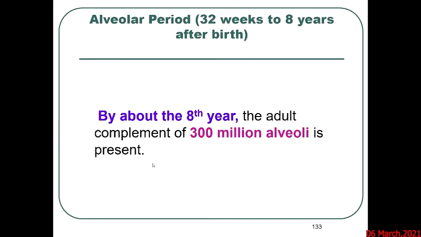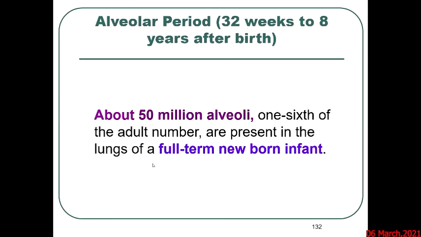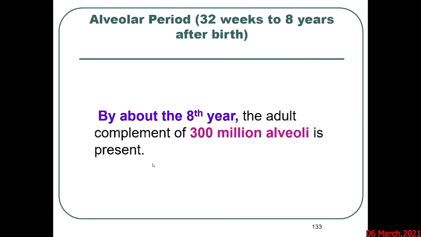This is one organ which develops after birth. How? Simple answer, the number of alveoli increases. A full-term newborn infant has 50 million alveoli in 2 lungs, and by 8 years, there are 300 million alveoli. So the number of alveoli increases up to 8 years.